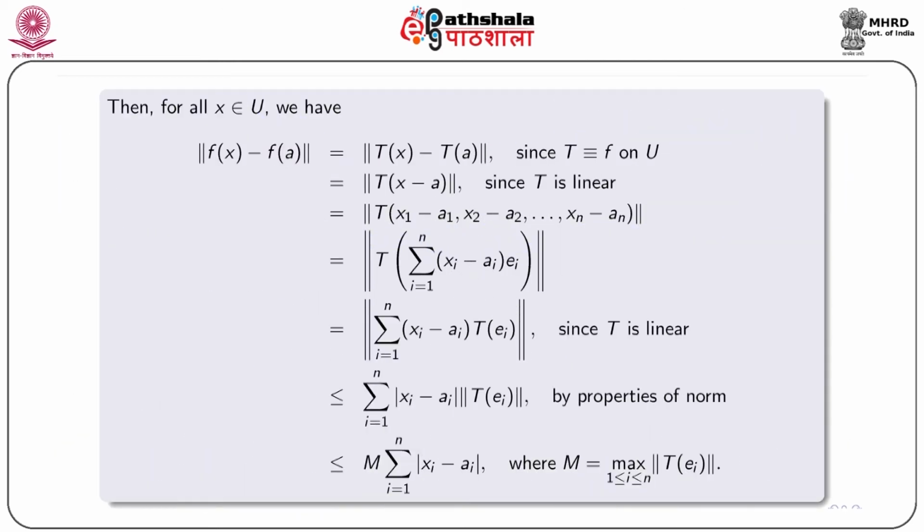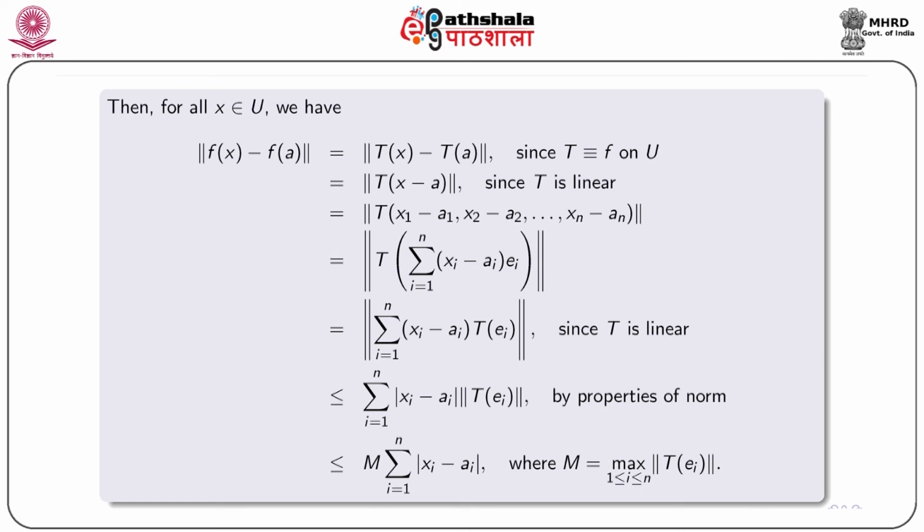Then for every x in U we have norm of F(x) minus F(a), that is, norm of T(x) minus T(a). As T is linear, we can write this as T(x minus a). Now we write x minus a in extended form, that is, the summation i equal to 1 to n of (xi minus ai) ei.